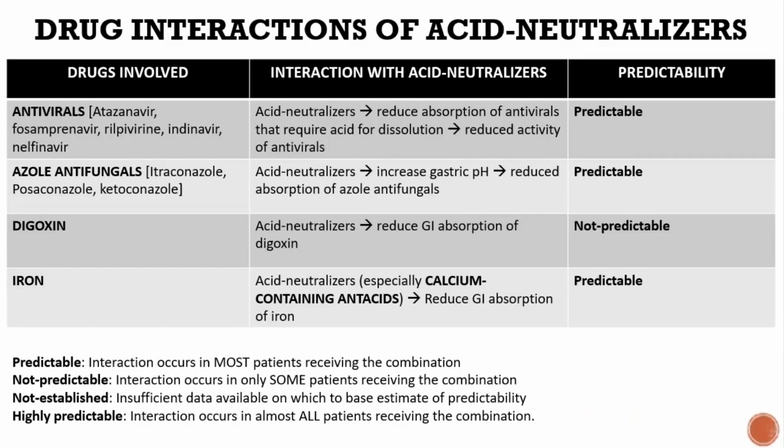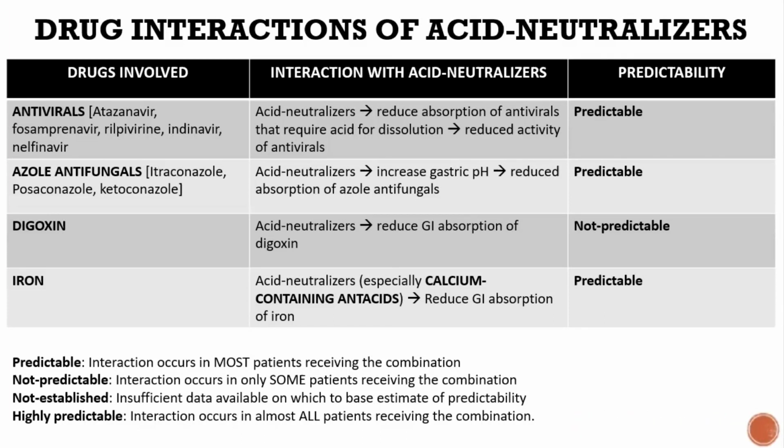So if we are using it in patients who are suffering from selected types of arrhythmia or in heart failure, then the pharmacological efficacy of digoxin may not be achieved. But it is not a predictable interaction because it has been seen only in very few patients, not in a maximal population.